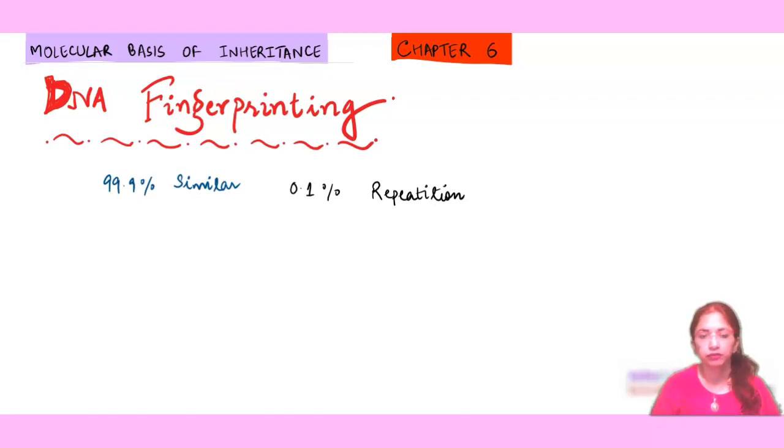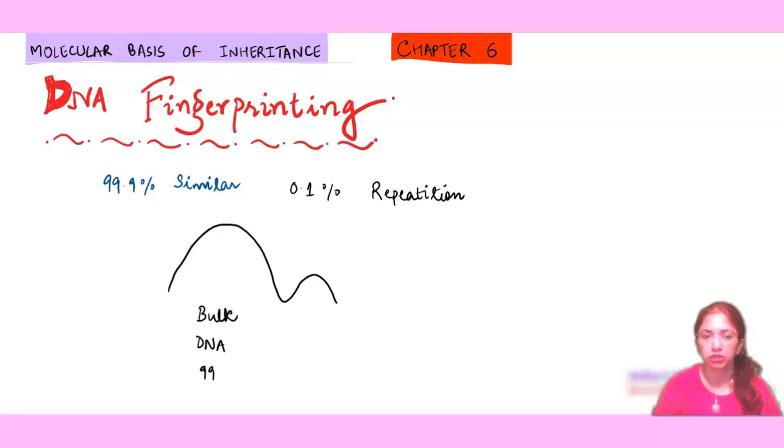Okay, so if we take DNA and if we do the density gradient of it, then we will get two peaks. Of course, the bigger peak will be the bulk DNA, and bulk DNA will be the one by which we resemble each other.